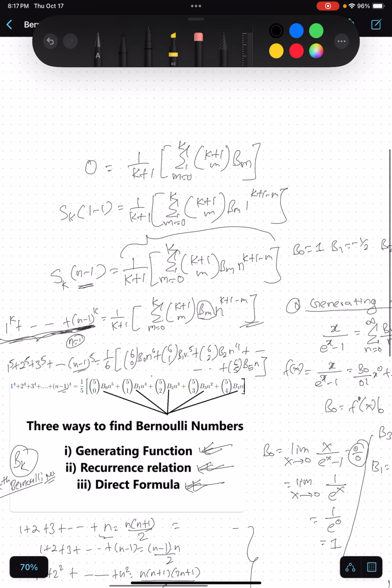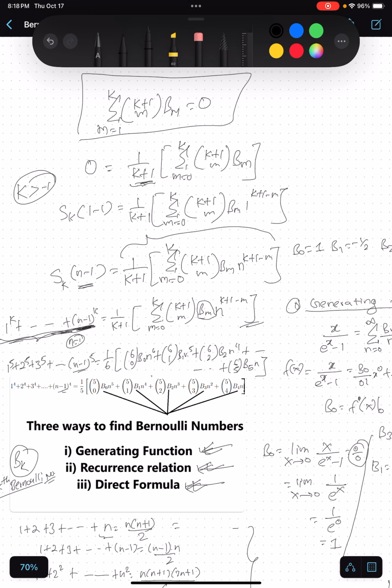Even if k is 0, this still works, because k is not a negative number. Since k is greater than minus 1, this will be a positive number, so we can just take it to the other side and multiply. That gives us our expression: the sum from m equals to 1 to k plus 1, k plus 1 choose m, Bernoulli of m, is equal to 0.